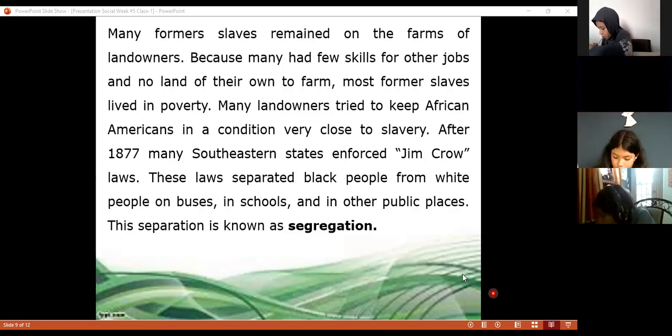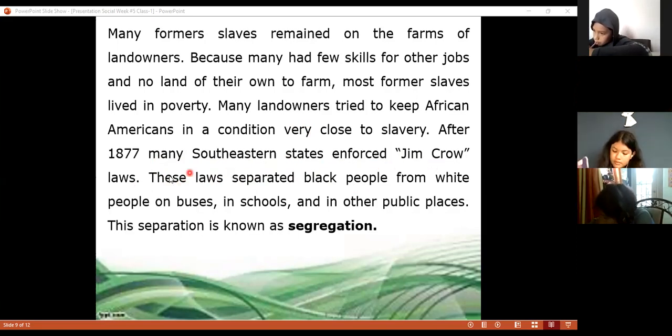Then they became poor people. And some people took advantage of them, giving a different point of view of slavery, now as poverty. And it says after 1877, many Southern states enforced the Jim Crow laws.